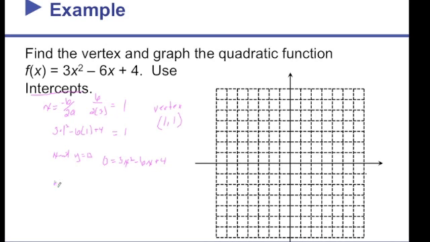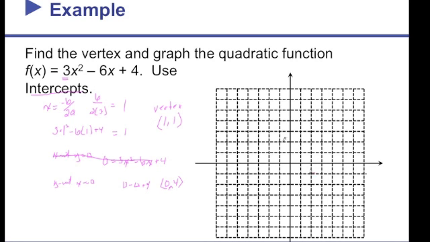Let's find the y-intercept. So x equals 0. So we'll have 0 minus 0 plus 4. So the y-intercept will be (0, 4). And I don't think the x-intercept is going to be helpful because this opens upward and the vertex is at (1, 1).